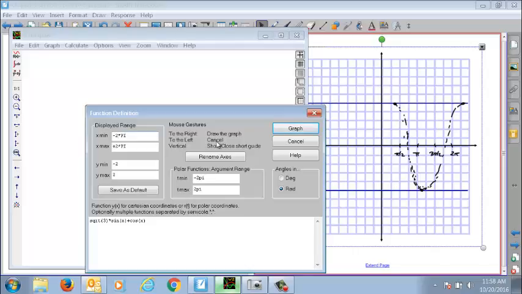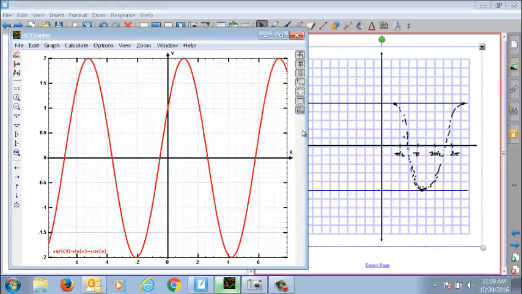Yeah, 5 pi over 2, 5 halves pi. Do the same thing here. 5 over 2 pi graph. I must have done something wrong. You can see I have the maximums and minimums in the right place.